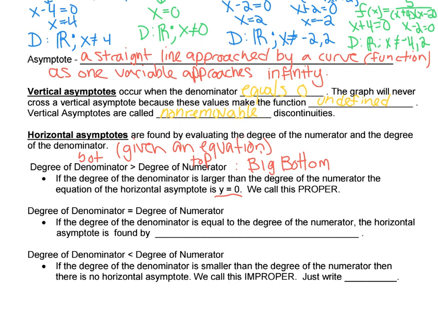The next case is if the degree of the denominator equals the degree of the numerator. So the bottom matches the top. My nickname for this is just same. So sometimes I'll make a note and say, oh, the degrees are the same. In that case, if the degree of the denominator is equal to the degree of the numerator, the horizontal asymptote is found by the ratio of leading coefficients.